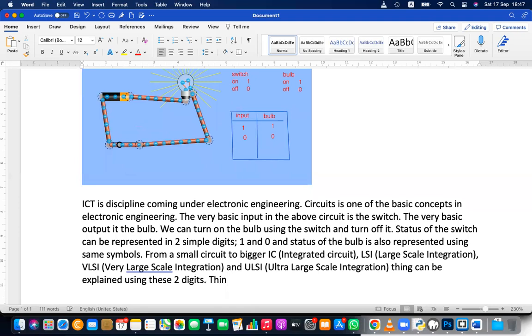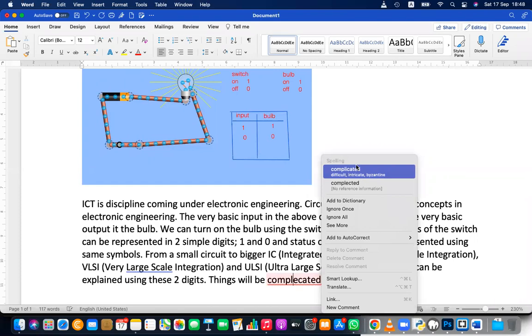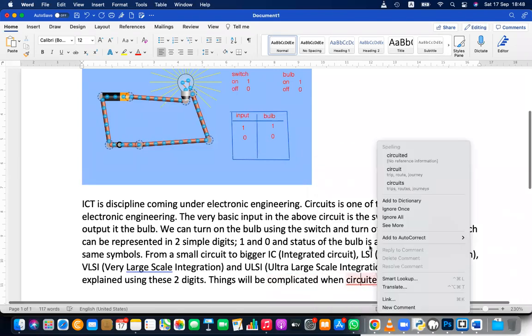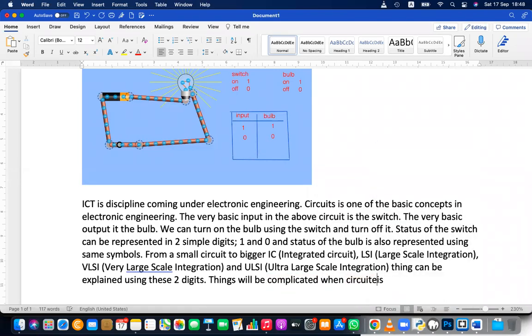Things will be complicated when the circuit is complex.